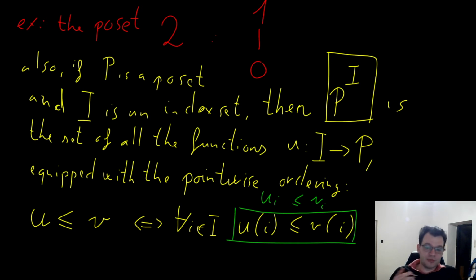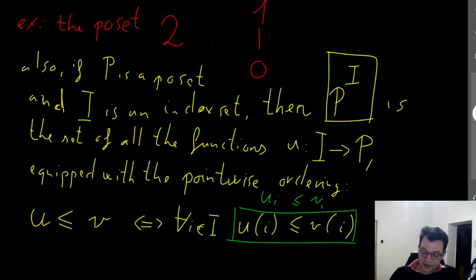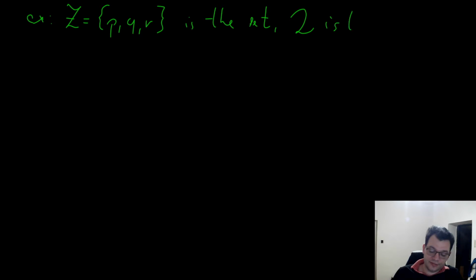Now again, this is a bit abstract, so let's see another example. So for example, if I have the set Z of variables p, q and r, so I have these 3 variables, and Z is the index set, and 2 is the poset.